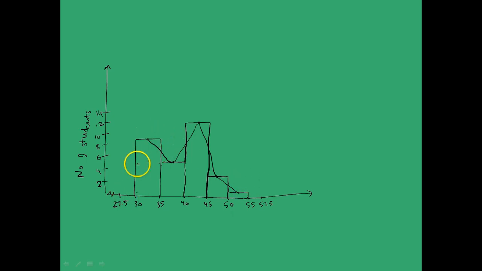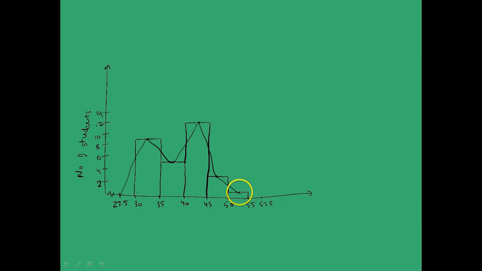And apart from this, join this to the x-axis at the midpoint of a fictitious preceding group, which obviously has frequency 0. I'll tell you the advantage of doing that.